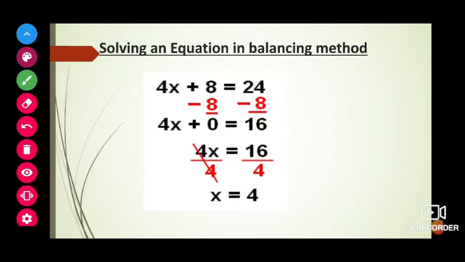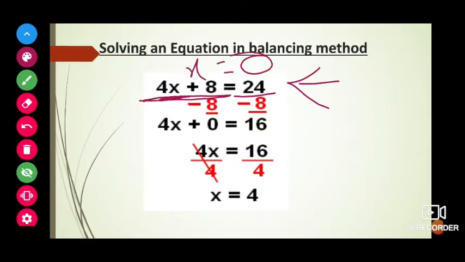In the balancing method, children, we will have one equation. Our main aim is to find the value of the unknown, that is the variable. If I want to find the value of the unknown, this side already has a constant, but here it should be x equals some constant.